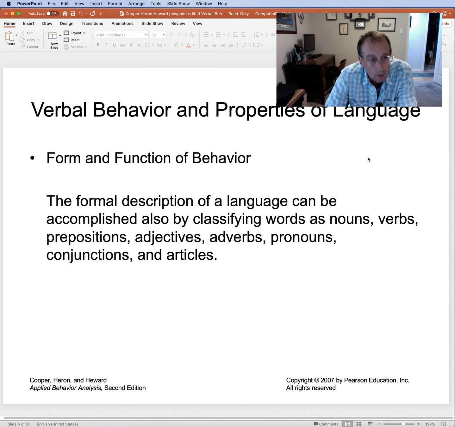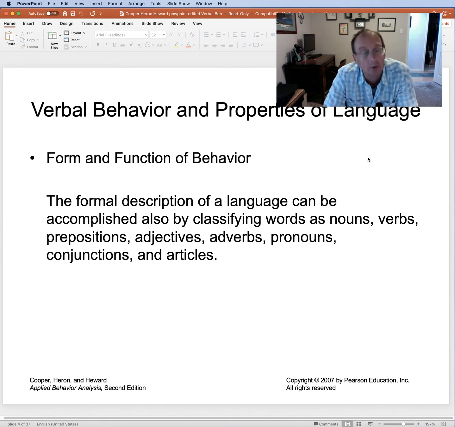Now, here's where we get a little bit closer to considering function, and this grouping of verbal behavior is getting closer to looking at function because we're talking about splitting up certain words as things, persons, places, and things, or action words, or describing words. And so these do get at function, but they will never tell you why you said a specific word.